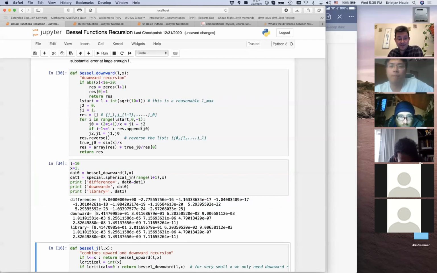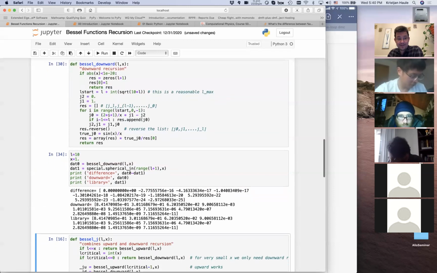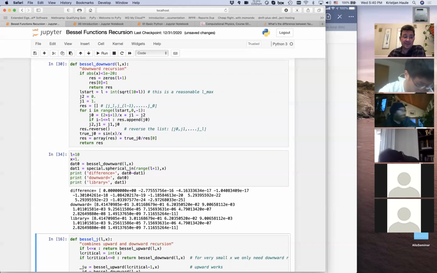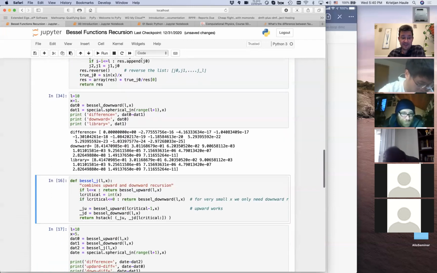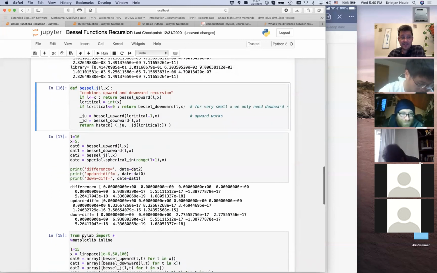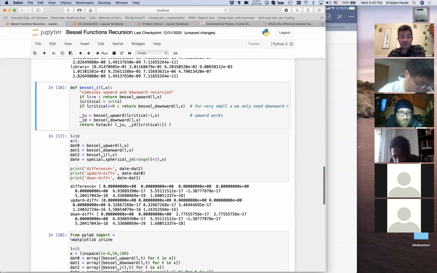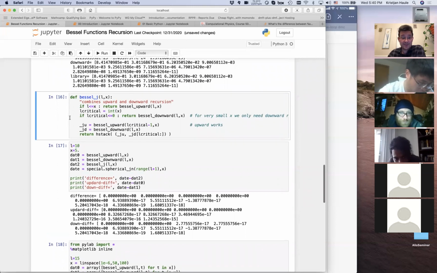Okay, so now we understood that the downward and upward recursion can be valid for different values of x over L, doesn't it? So now we need to combine the two together. If we experiment with this a little bit, we're going to see that when L is equal to X, that's where the critical value of L and X is.